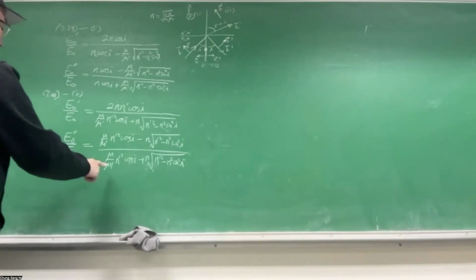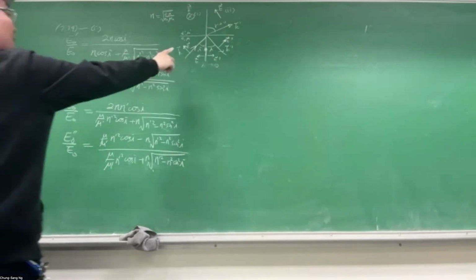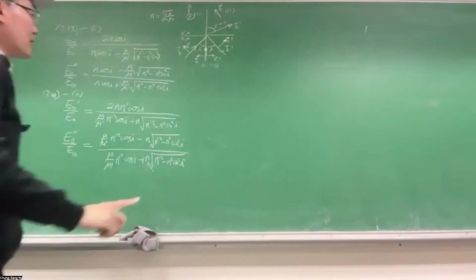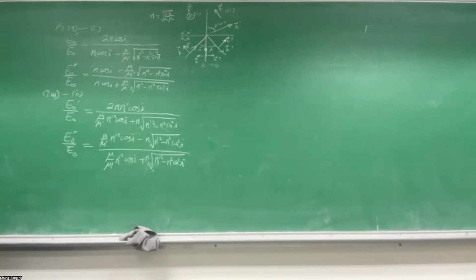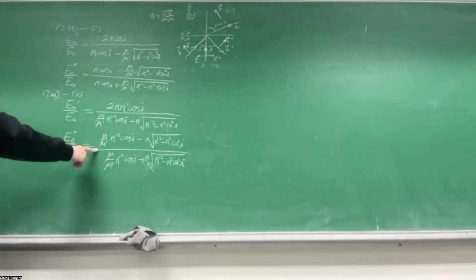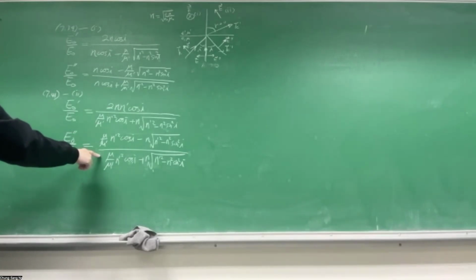And in particular, for case 2, for the case that the electric field is in the plane of incidence, there's an angle such that the refracted wave is exactly 0, or E0 double prime is exactly 0.